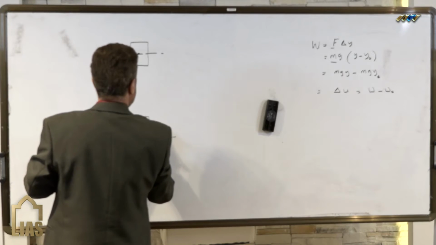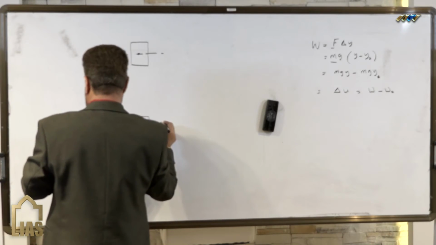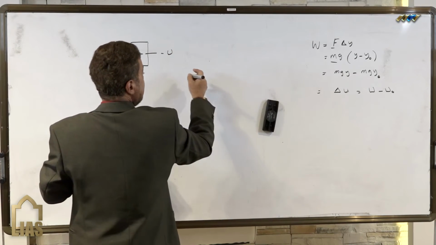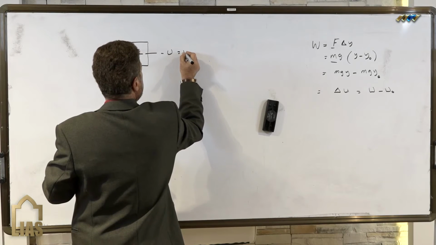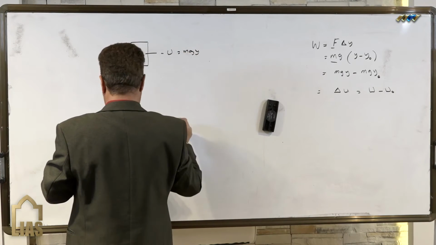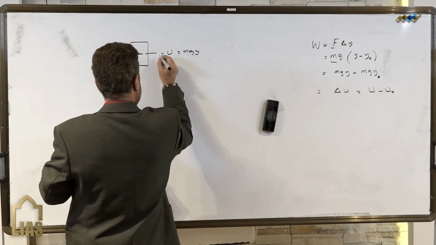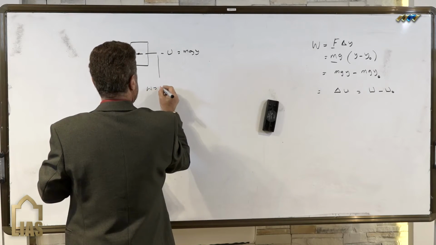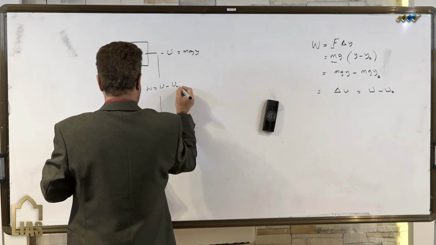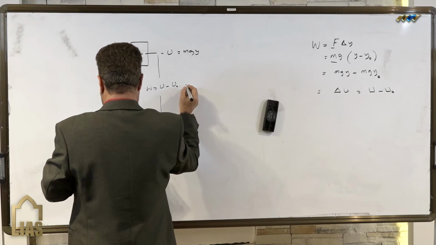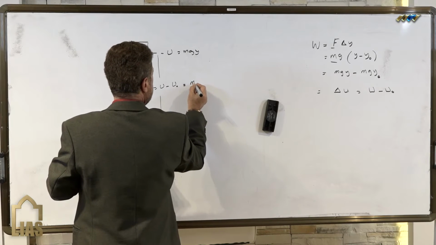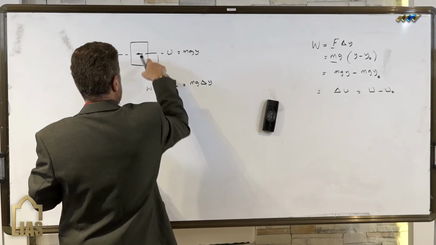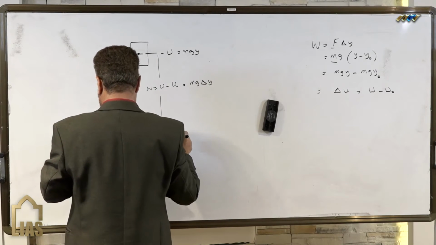U is mgy, and work is y minus y naught, or mg delta y, the difference between these two heights.